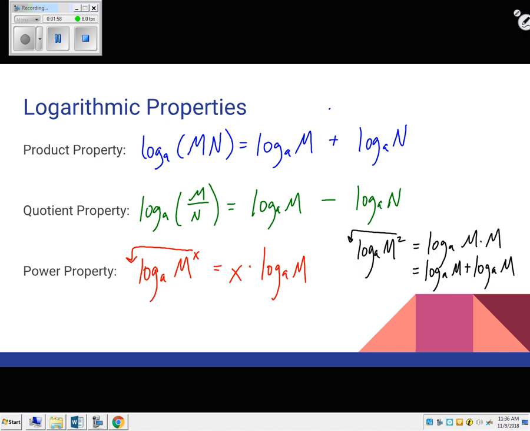That's the same as if I just take this 2 and drop it in front. So 2 log base A of m. I have log base A of m plus log base A of m, which is 2 log base A of m. So the whole reason the power property works is because that product property happened up front.